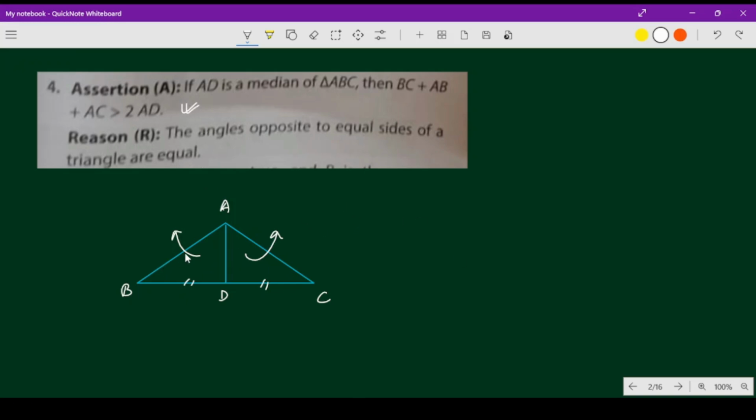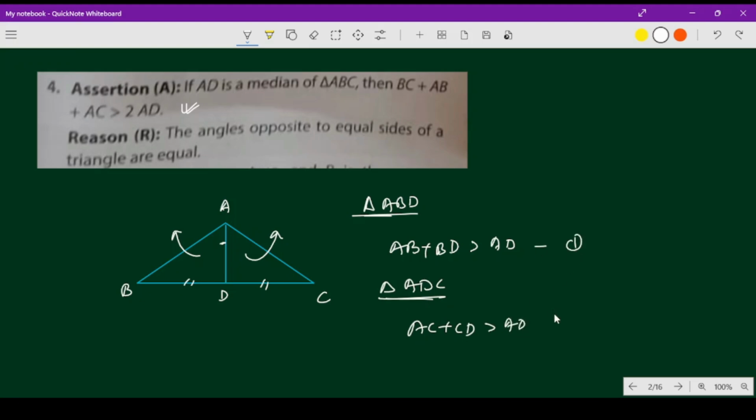In triangle ABD, if we add the two sides AB and BD, then that will be bigger than the third side AD. The same way, using the triangle inequality in triangle ADC, we find that AC plus CD is greater than AD.